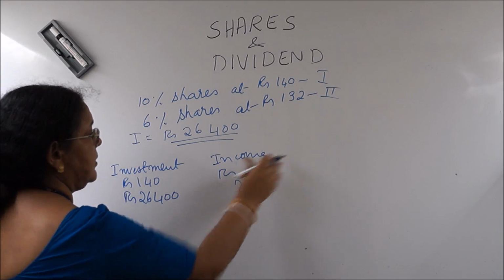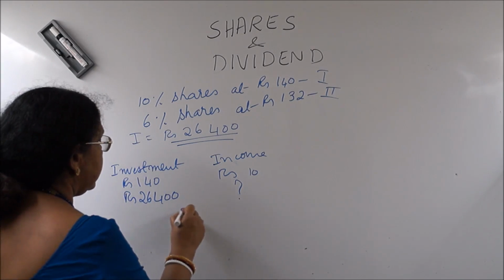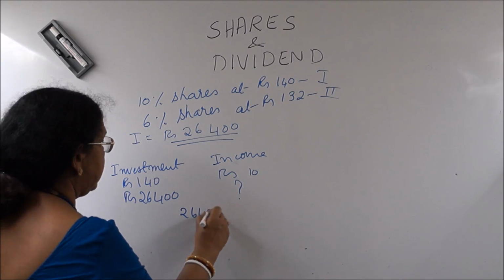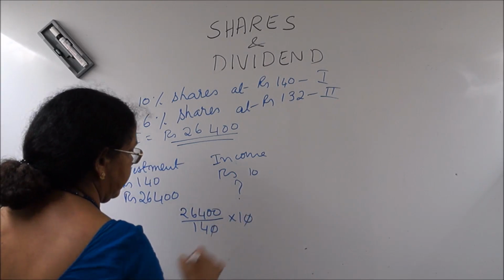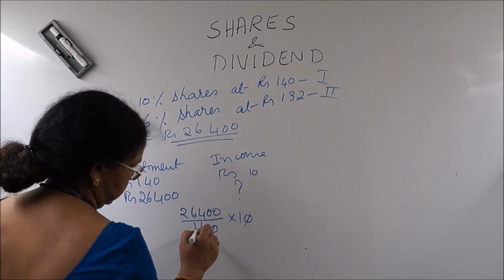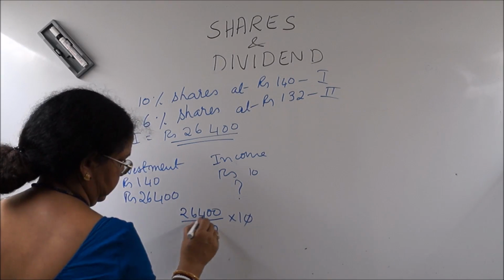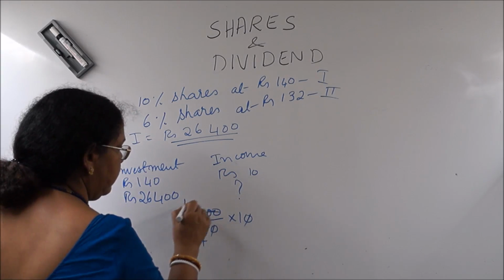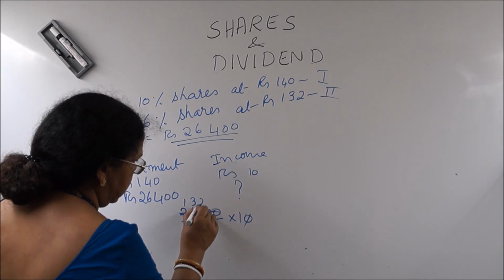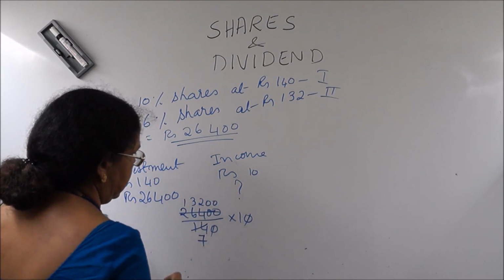Okay, this is 10, right? So 26,400 upon 140 into 10.